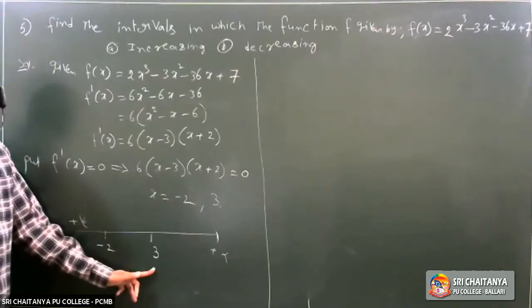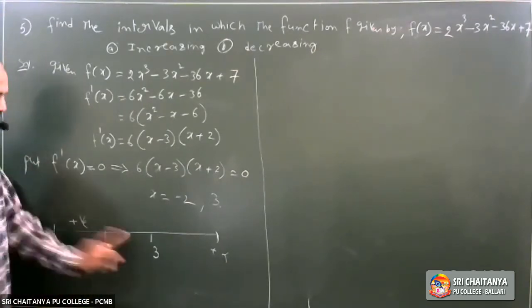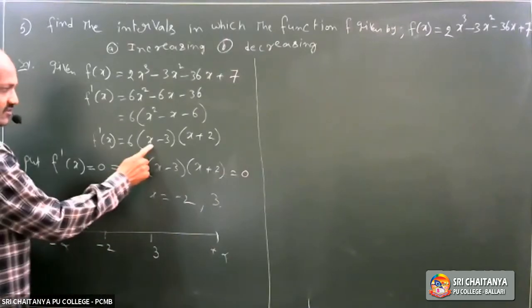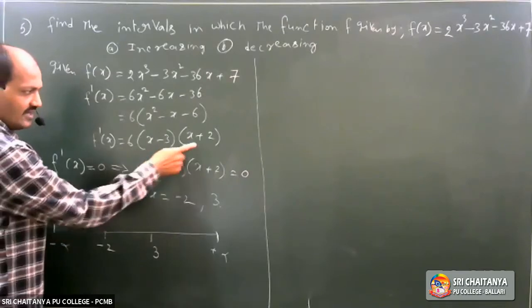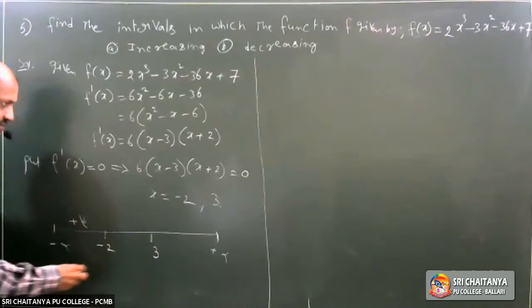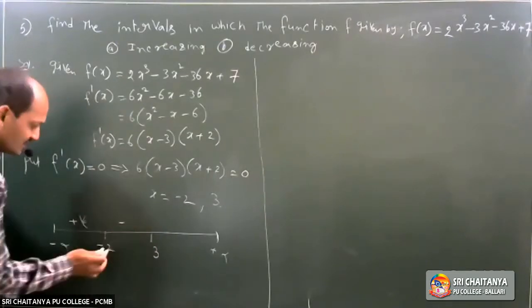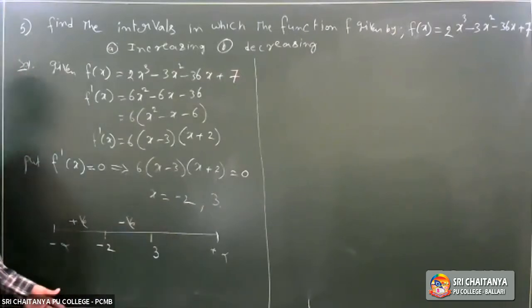Minus 2 to 3: the next values are minus 1, 0, 1, 2. Consider x equal to minus 1. This value is minus 4, and the other factor is plus 1. Minus 4 into plus 1 is negative. So in this interval, the function is negative.